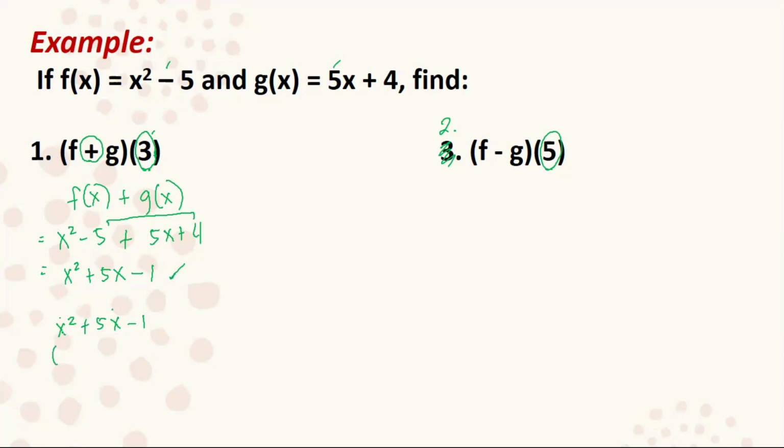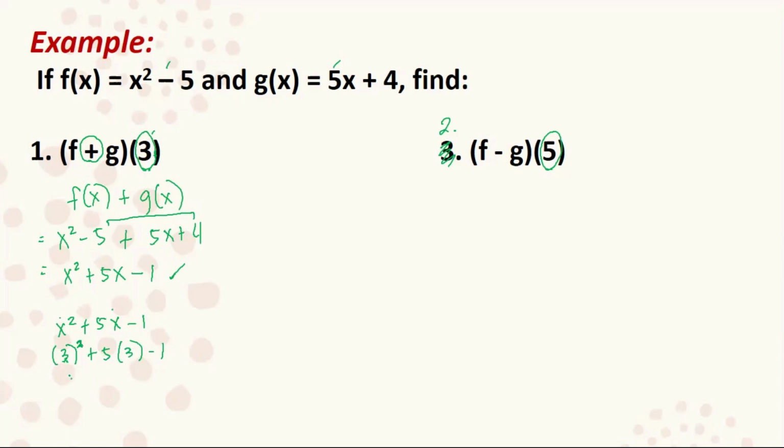So, we write here 3 raised to 2 plus 5 times 3 minus 1. Then simplifying, 3 raised to 2 is 3 times 3. Okay, it's not 3 times 2. It should be 3 times 3. You have to multiply 3 2 times by itself.